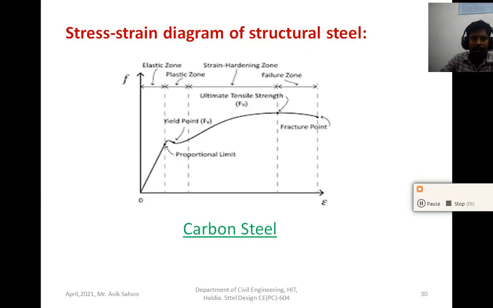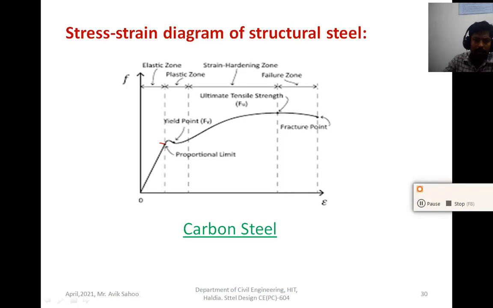Next, the stress strain diagram of carbon steel, which is more ductile but has less strength. You see that up to this point the material obeys Hooke's law, or it is linear, up to the yield point.